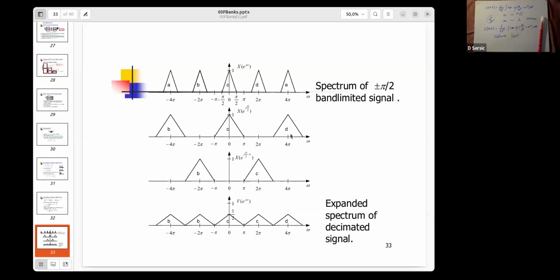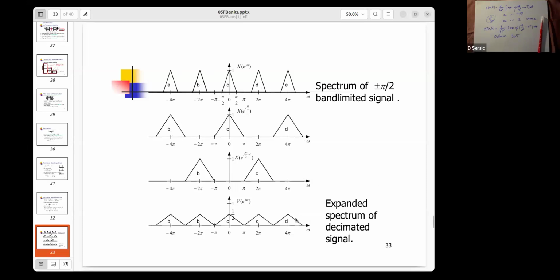So it just expanded. So this is the C part. Now the C part goes from minus pi to plus pi. The D part is now right here. The B part is right here. So what happens if you shift it by pi? You just move it to the right. So B jumps here, C jumps here, and so on.